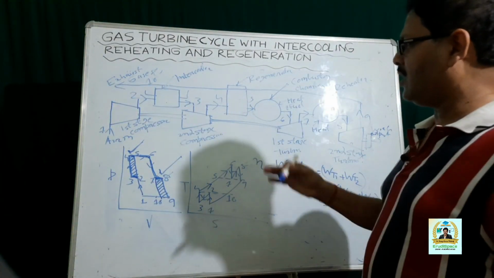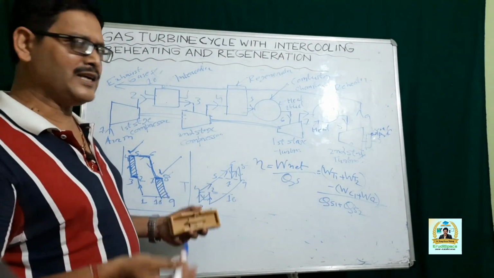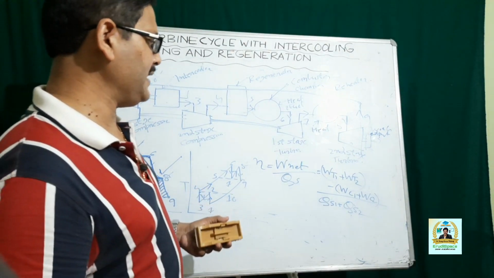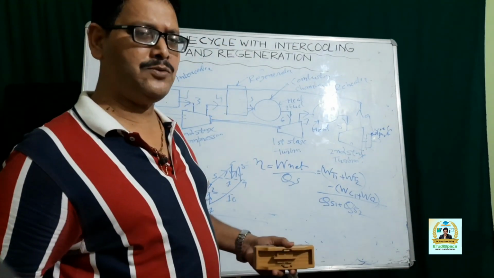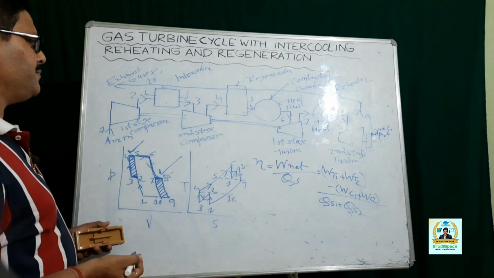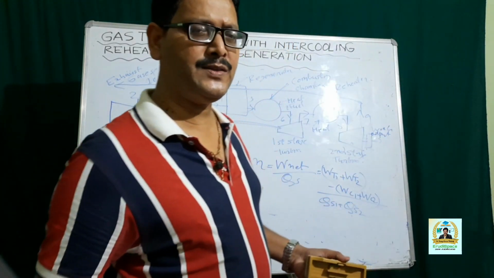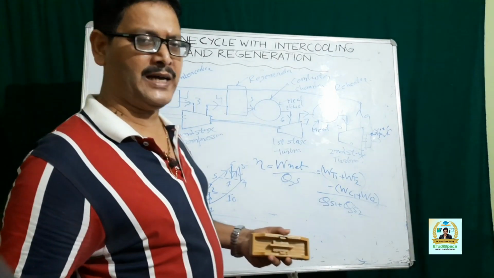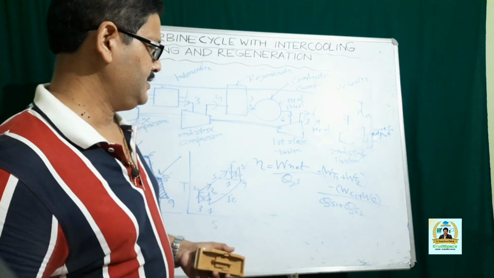So we are all well acquainted how to compute the work output when it comes to your turbine and compressor. You can put these values and find out the efficiency, and in terms of enthalpy difference, if you substitute this by the temperature parameters also, you get the same result.